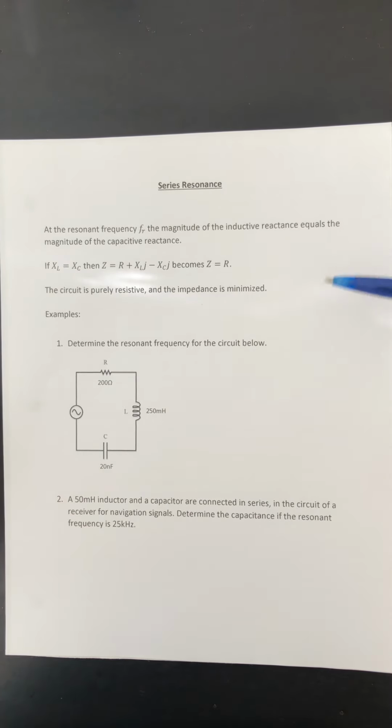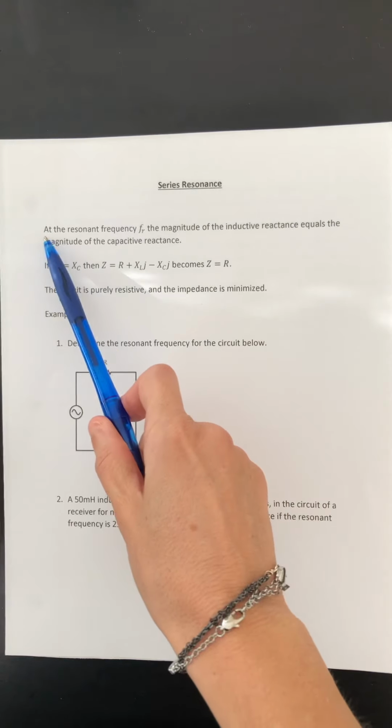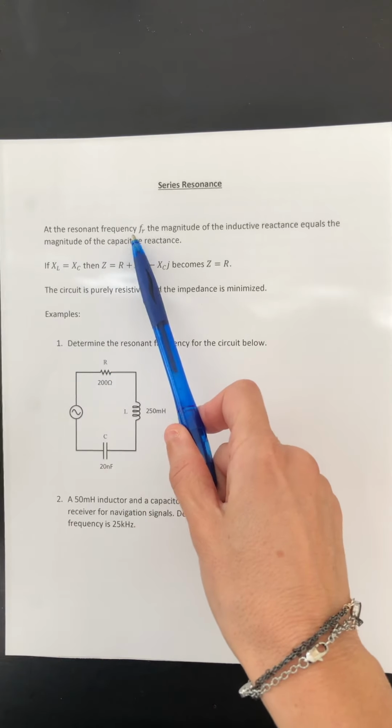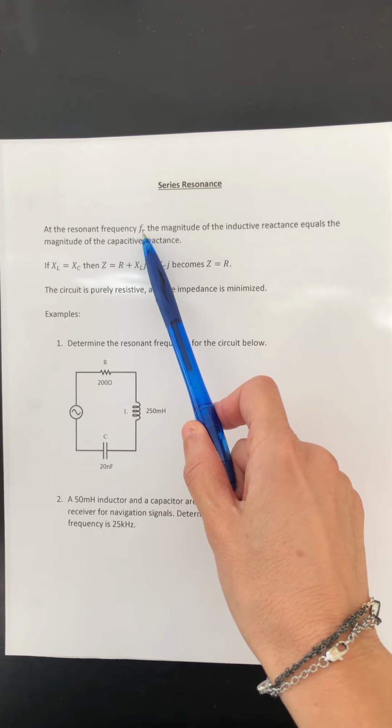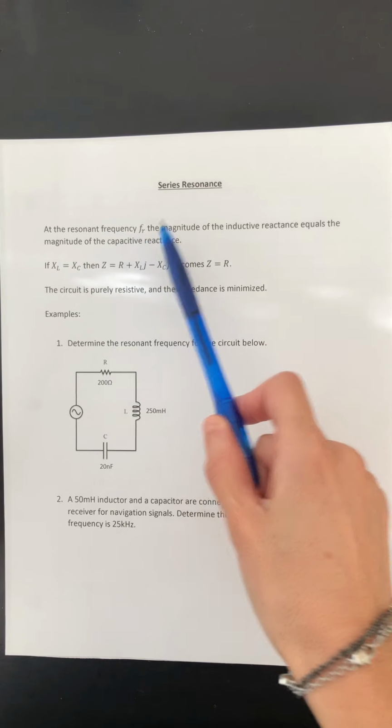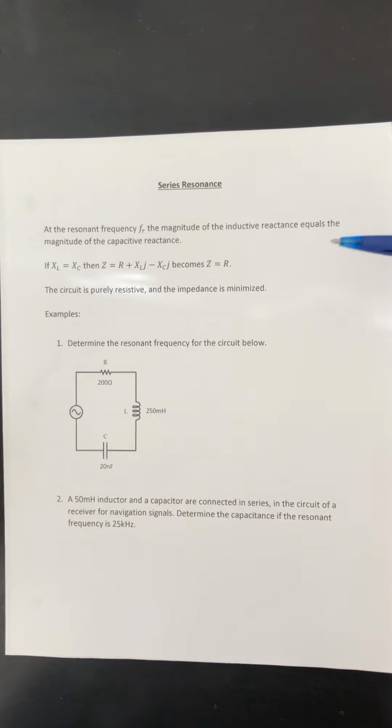Let's just start by reading the top line. It says, at the resonant frequency, which is denoted F with a little subscript of R, the magnitude of the inductive reactance equals the magnitude of the capacitive reactance.